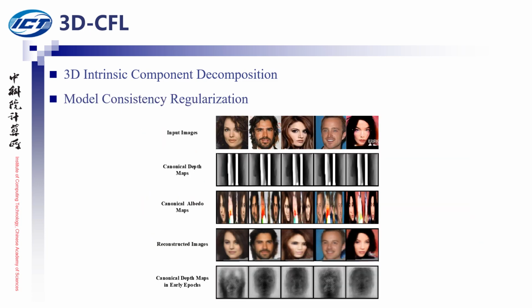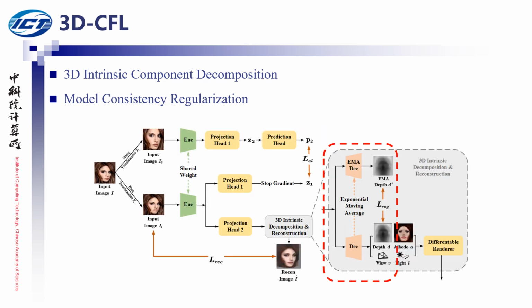We notice that the 3D intrinsic component decomposition often collapses to a local optimal state. In this case, the model will learn an extreme face pose and restore the input image with the profiles. In addition, we also found that the model fits face depths correctly in the earlier training phase, but falls into local optimal solutions as the training epochs increase.